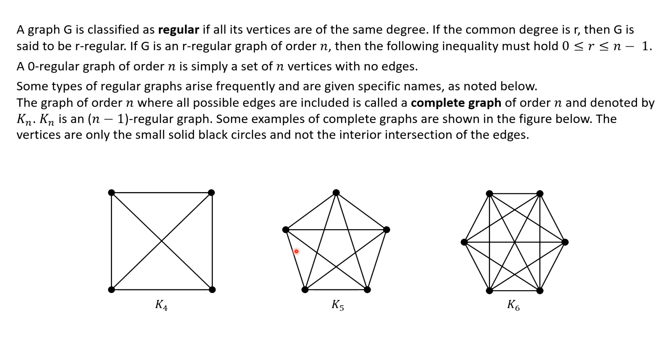In fact, for K5 and higher, we'll get to this later, but for K5 and higher, there's no way of drawing this in the plane if you don't want to have the edges crisscrossing. In K4, we can avoid crisscrossing. We could have taken this line out, and I can just draw it here.